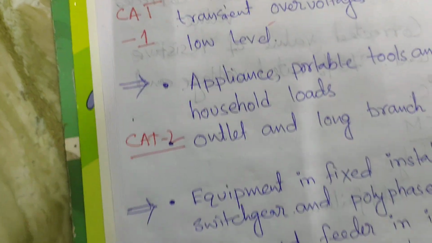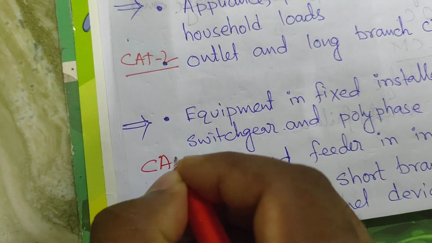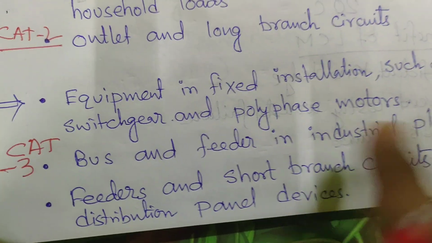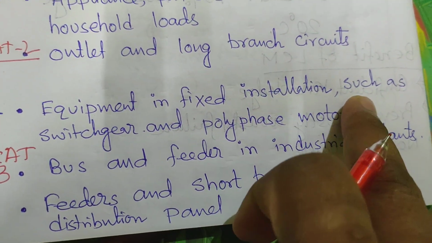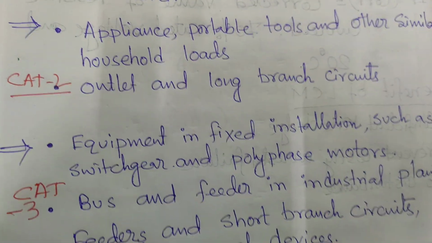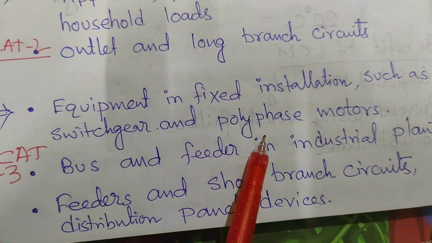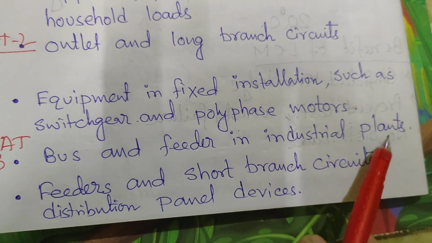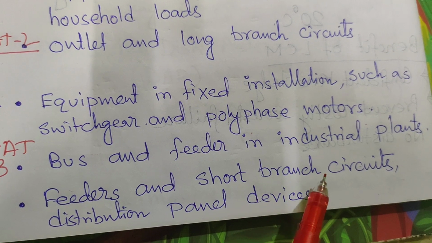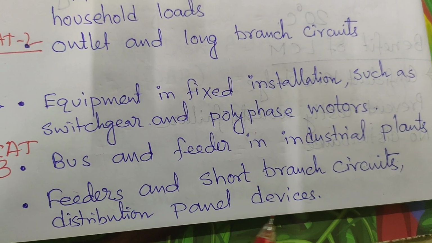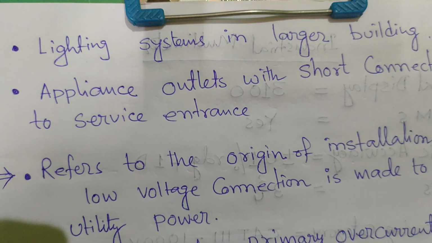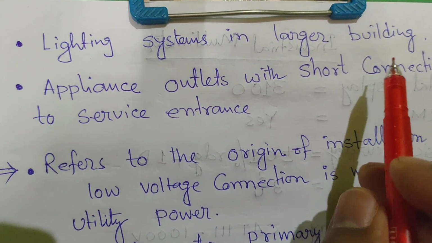Now the CAT 3 category type of multimeter. Here the equipment is fixed and installed, such as switchgears and polyphase motors, etc., buses and feeders in industrial plants, feeders and short branch circuits, distribution panel devices, etc. Also in the lighting systems in large buildings.